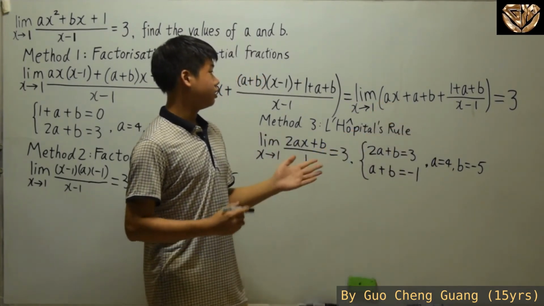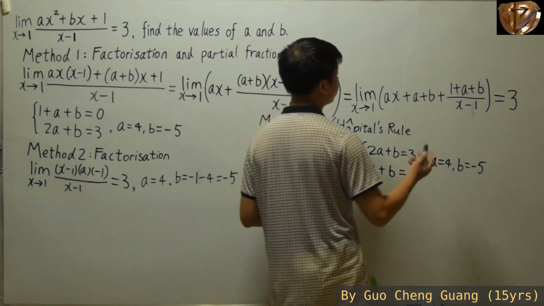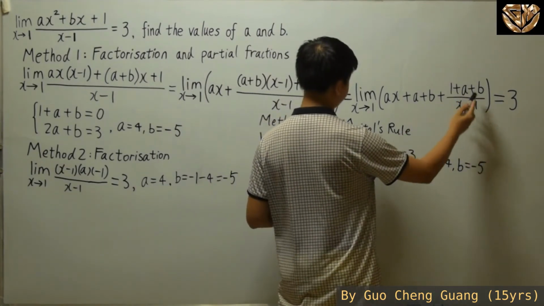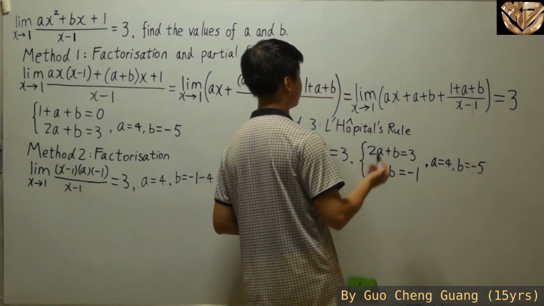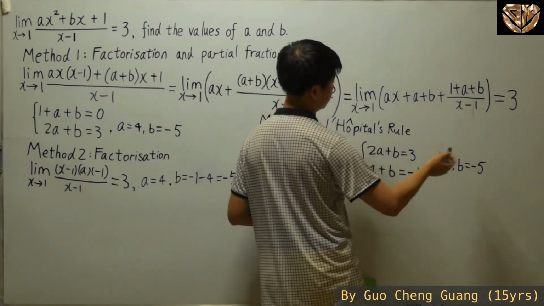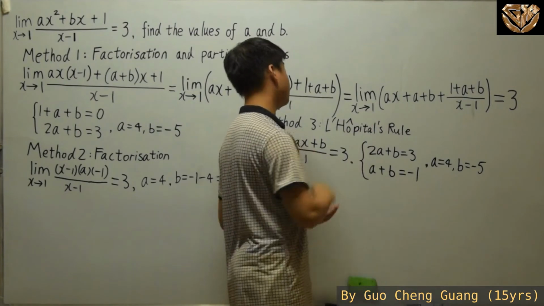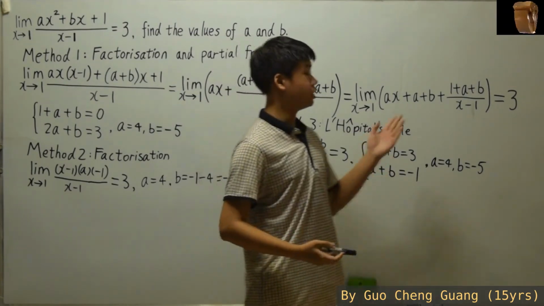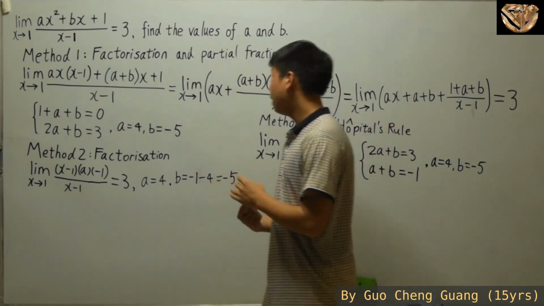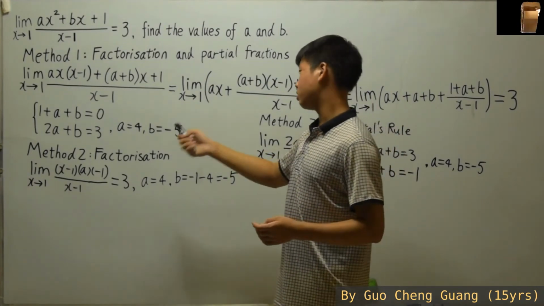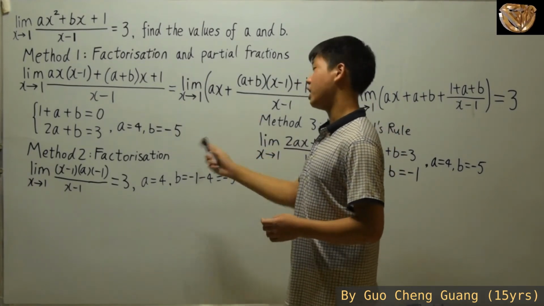And with that, you can then determine that the numerator of your fraction is actually a 0, so that the entire thing doesn't become infinity. Well, the previous part will just be whatever answer you're given, which in this case is 3. So afterwards you solve the simultaneous equations, you get whatever you need, which is your a and b.